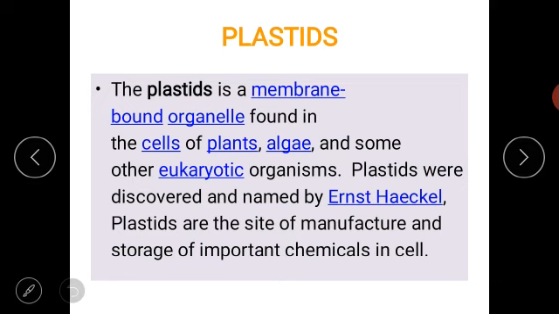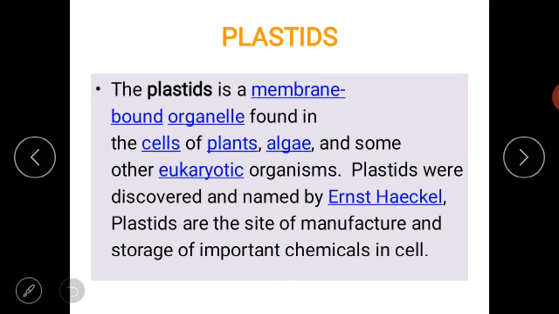Plastids are the site of manufacture and storage of important chemicals in the cell. The chloroplast, which is mainly present in green plants, is responsible for the synthesis of food by the process of photosynthesis. Photosynthesis is the process in which light is trapped by the light-active chlorophyll in plants and food is produced.